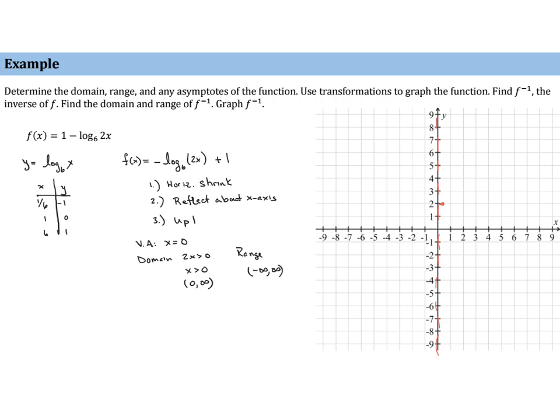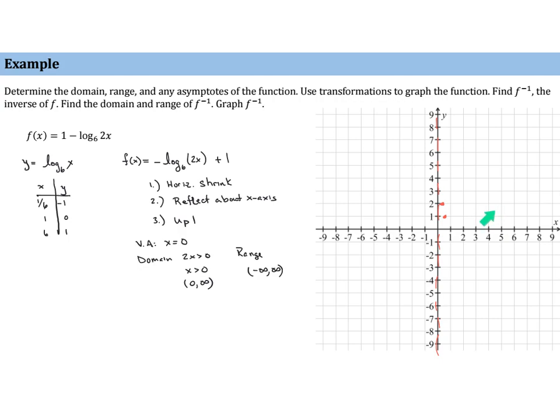Then if we check 1, 0, shrink it by a factor of 2. So we're at 1/2. Reflection does nothing to this point, and then move it up 1. We'll have the point 1/2, comma 1. And then 6, comma 1.